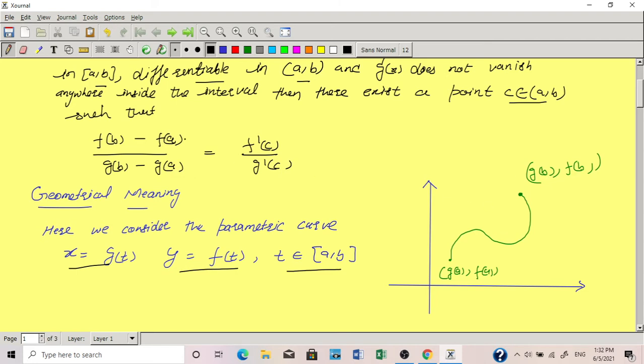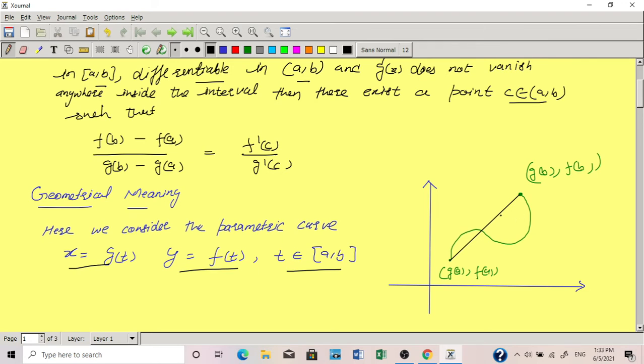Now, if we join the end points of this curve, as we did for Lagrange's mean value theorem, we get this line.